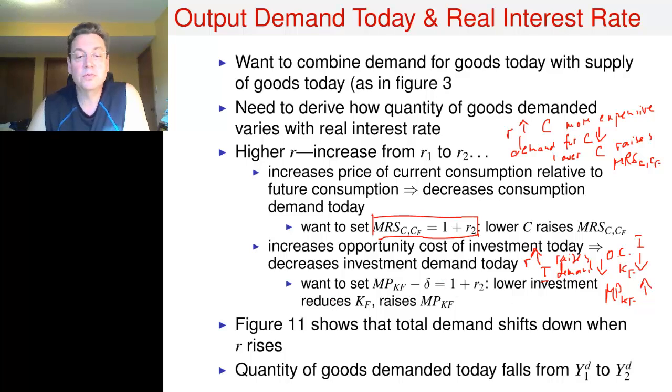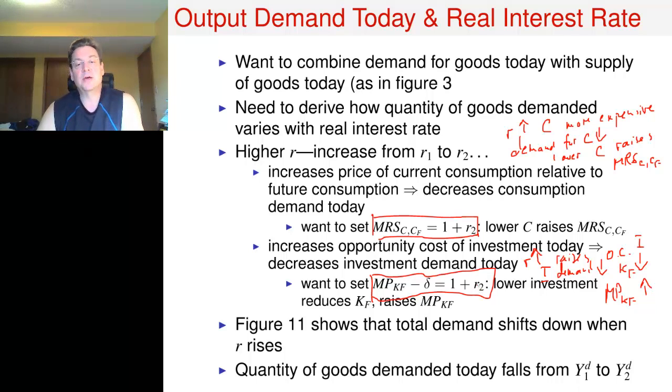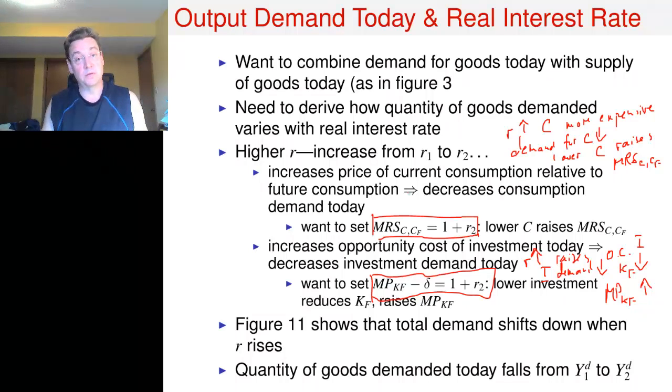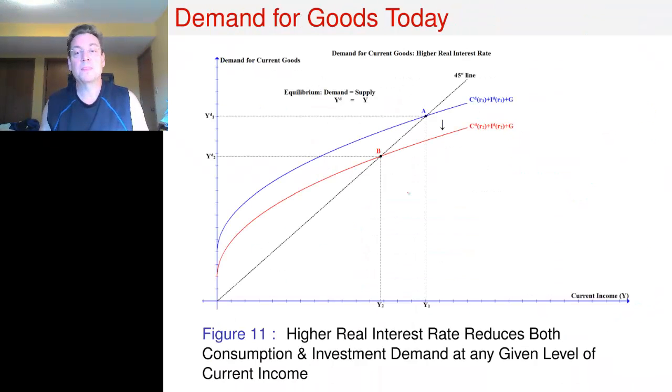Well, that's a good thing too, because the firm's optimality condition is to set this net marginal product of capital equal to the real interest rate, and the real interest rate has gone up. So what we have now is two effects of a higher real interest rate. One is to make consumption demand lower, and the other is to make investment demand lower.